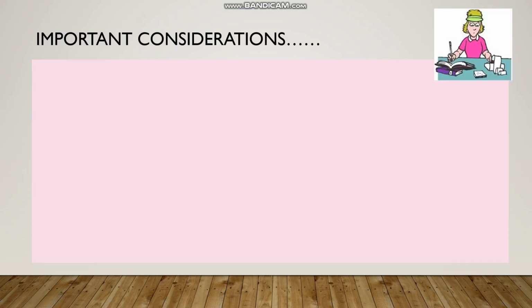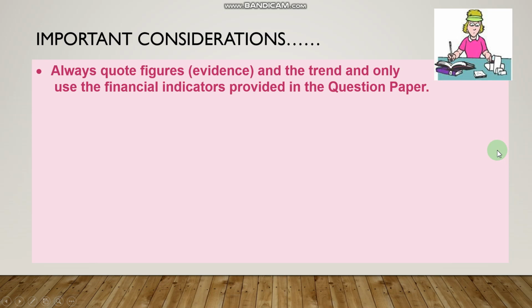Okay, before we look at a practical example, let me give you some important considerations, things that you must bear in mind when you are approaching questions in a test or an exam. The first important point, always quote the figures or evidence and the trend. That's critical. You must quote figures and you must show the trend.